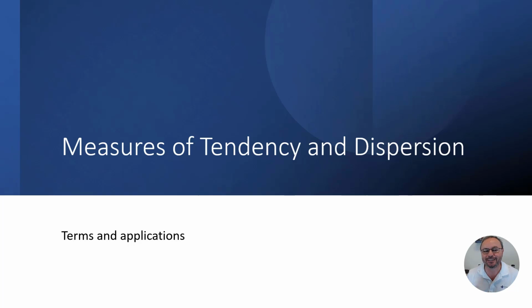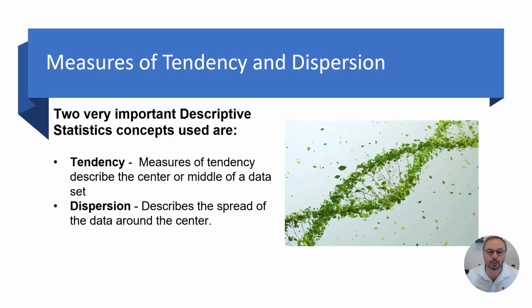Measures of tendency and dispersion. In this lesson, let's talk about the common terms and applications. Two very important descriptive statistic concepts that we use are going to be tendency and dispersion. Now, tendency is going to describe the center or middle of a data set.